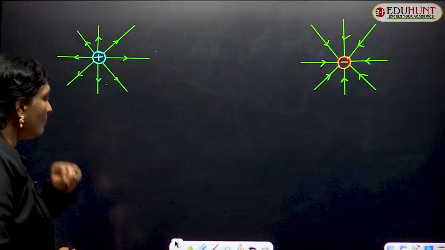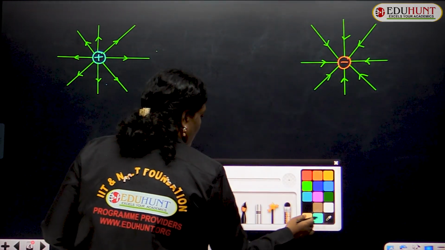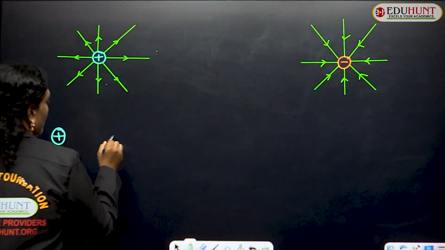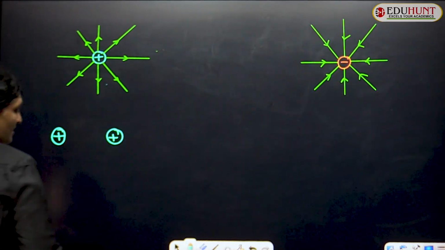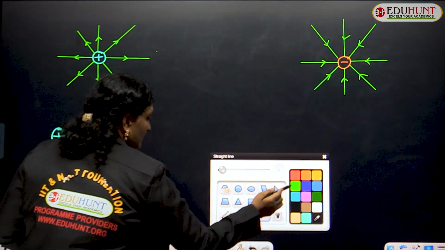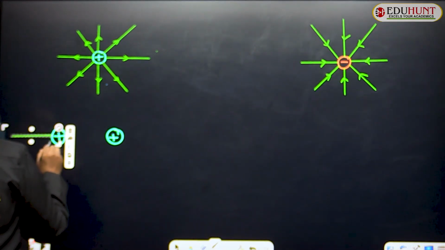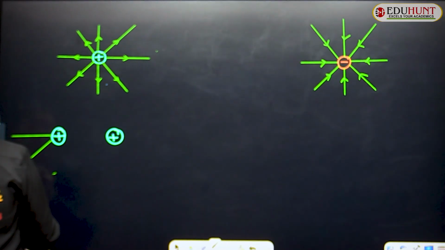Suppose two positive charges are kept together at one place, this is your positive charge, here also your positive charge. As I said, these electric field lines always move outside the positive charge.